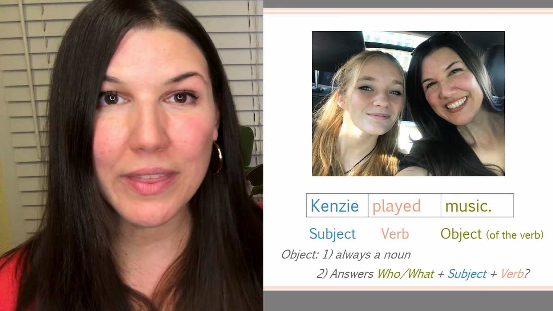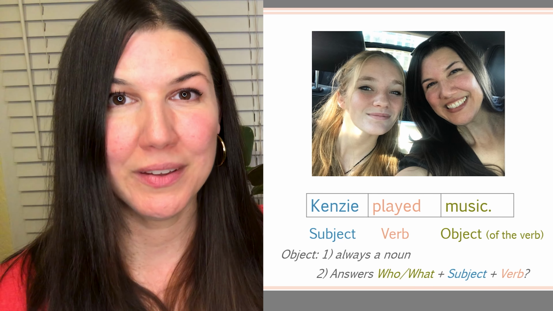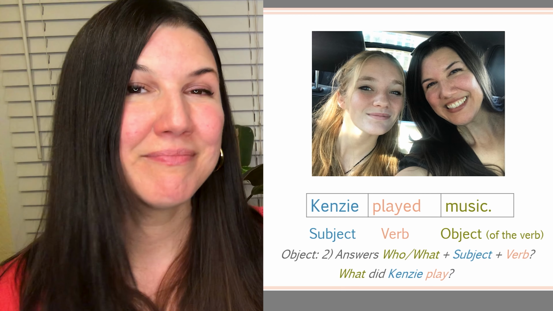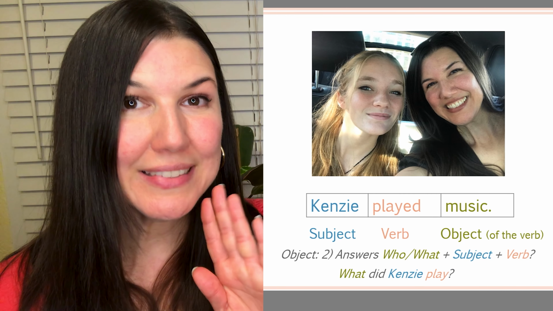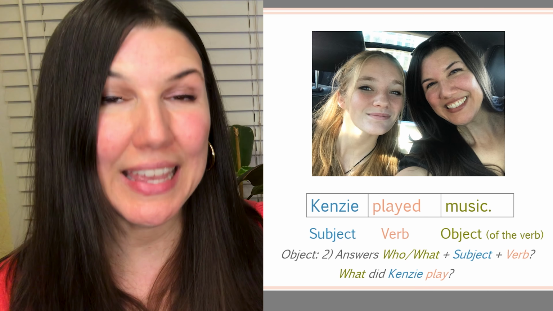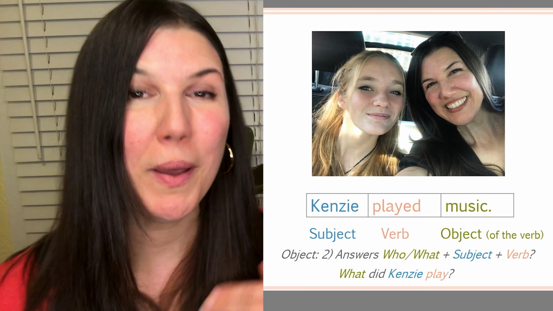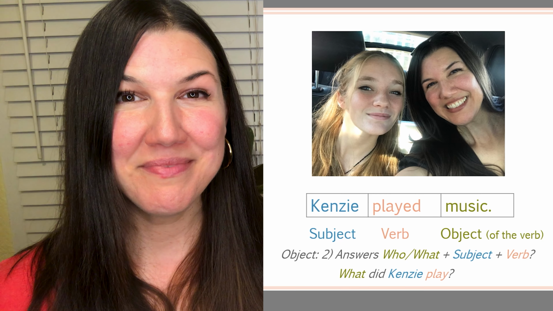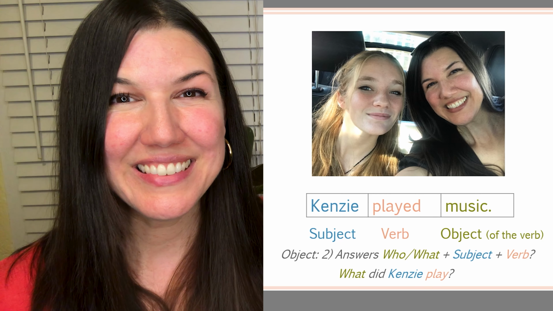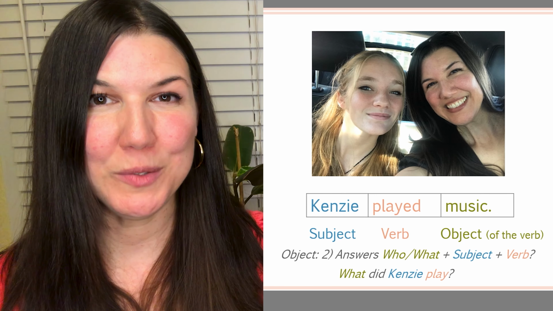What with the subject and the verb. So in this case, what with the subject, Kenzie. So what did Kenzie and the verb play? What did Kenzie play? Music. That's right, Kenzie played music.